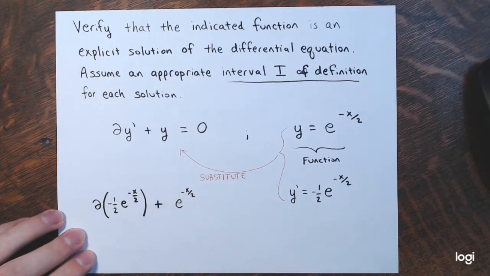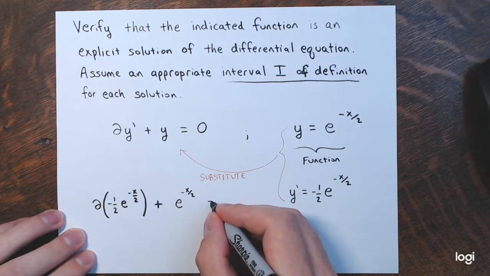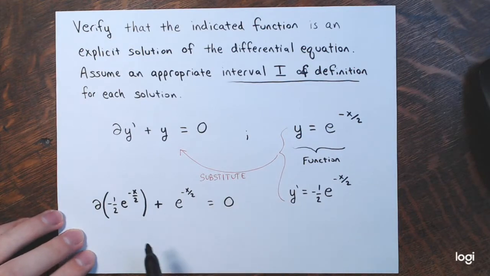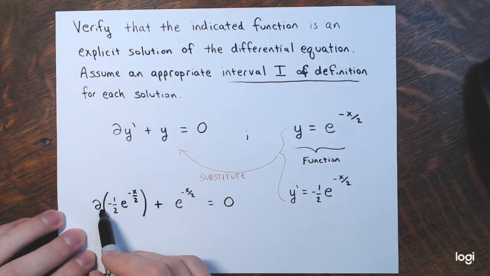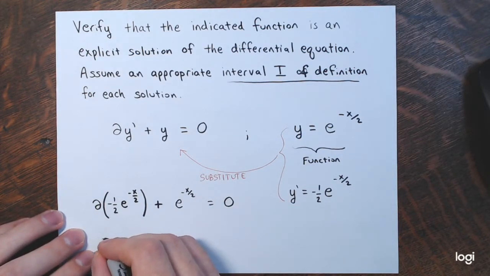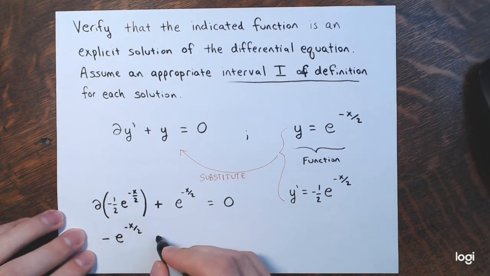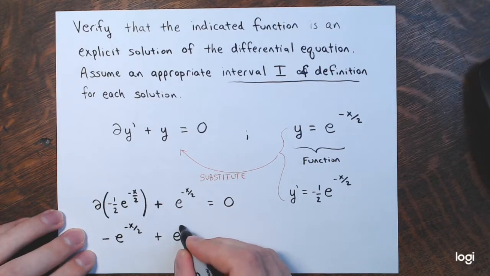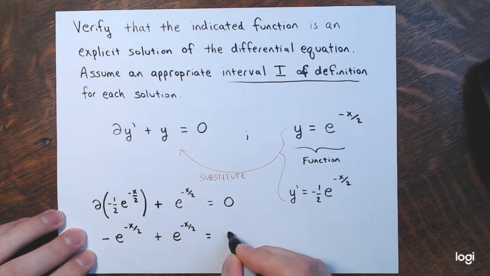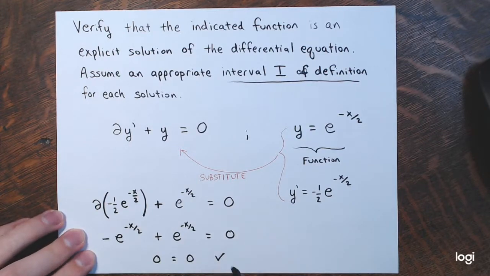And is this equal to 0? Well, yes, because 2 times negative 1/2 would be negative 1, so negative e to the negative x over 2 for the first term, plus e to the negative x over 2 for the second term equals 0. So you have 0 equals 0, check.